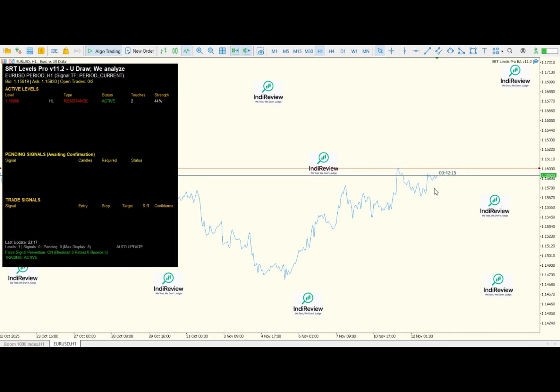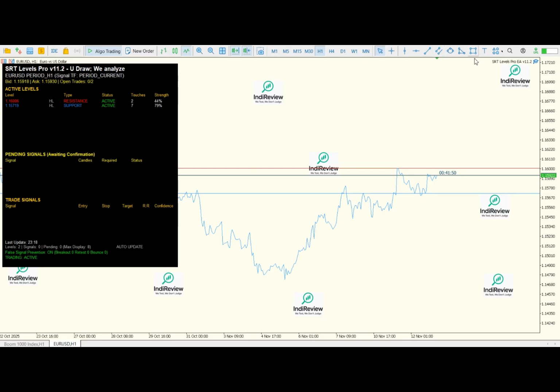So the touches counts the number of retests. It's not about the number of candles interacting, but the number of times the market has retested that line. Yeah, so I can put my support here. So I have support.